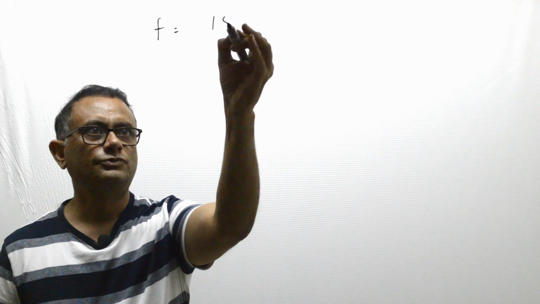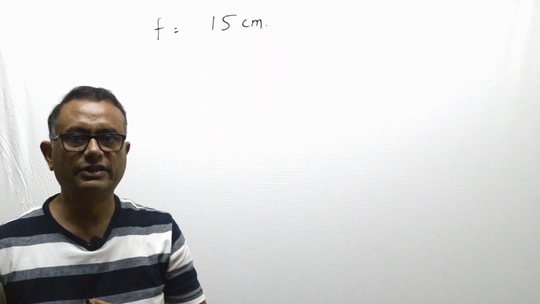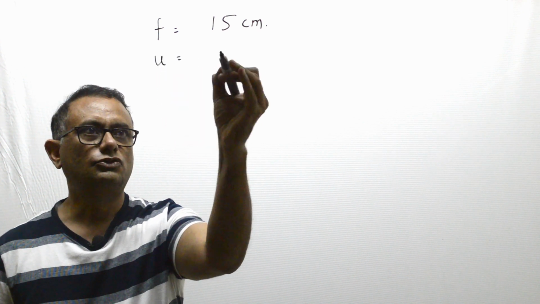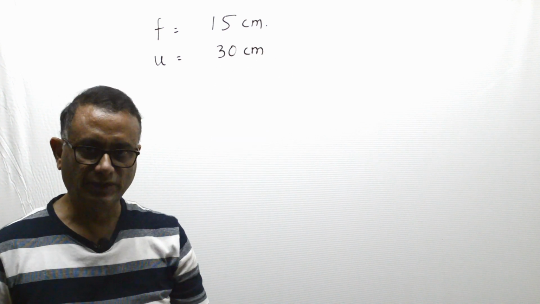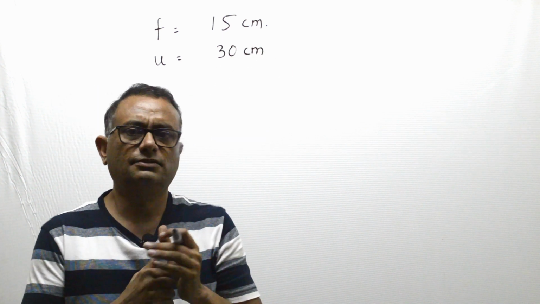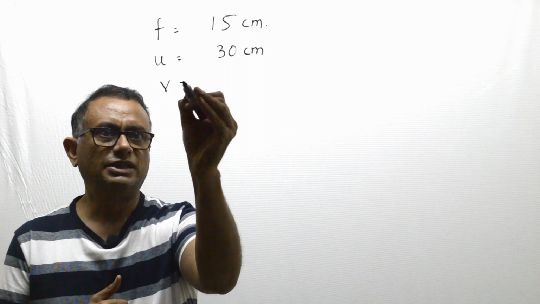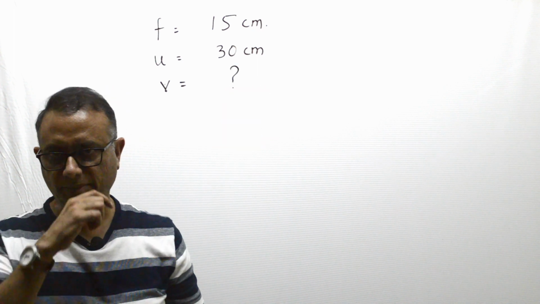The focal length F is equal to 15 centimeter, and here they have given the object distance as 30 centimeter. So we will make a note of that as well, and we are once again supposed to find the image distance. Okay, so image distance is designated as V, so we have to find out what is the image distance.